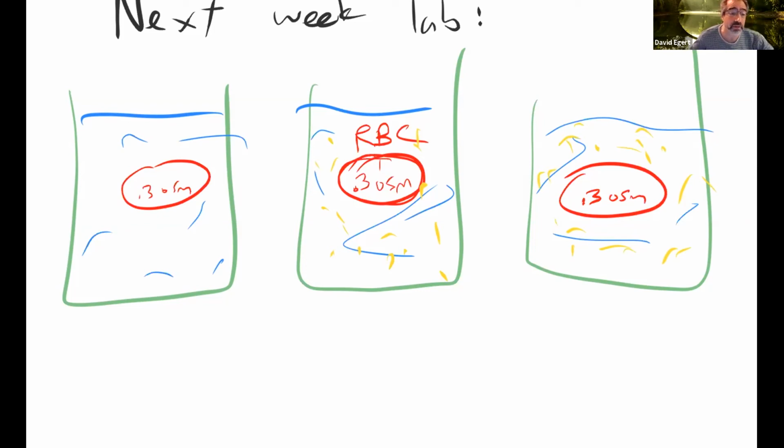There's actually a couple of independent variables in this lab. One is going to be the concentration of the solution that we're putting the blood cell in. But another is going to be the type of solute.